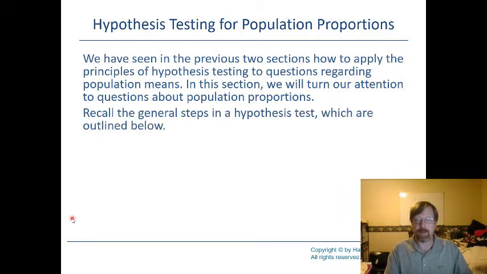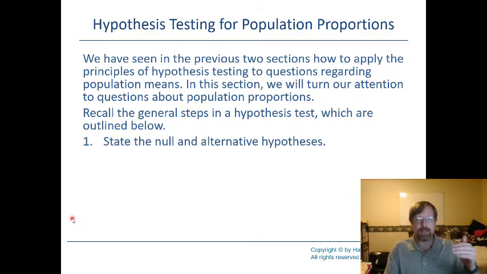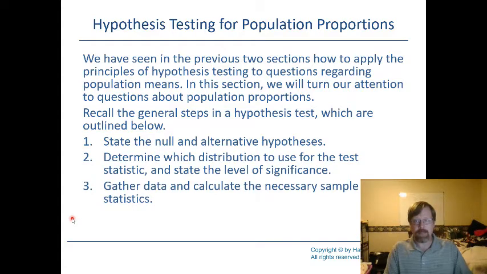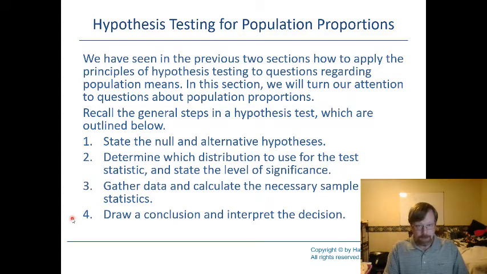We're continuing that here. State the null and alternative hypothesis, determine which test needs to be used, and state the significance level. Gather the data and sample statistics, draw a conclusion, and interpret that.